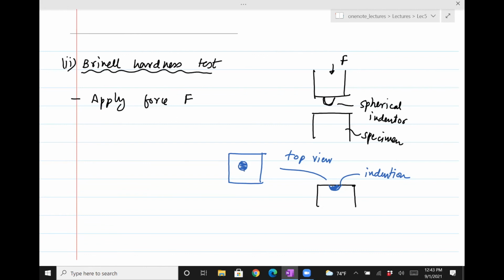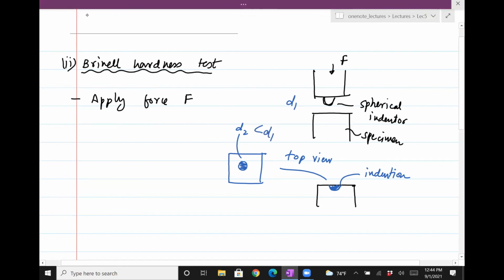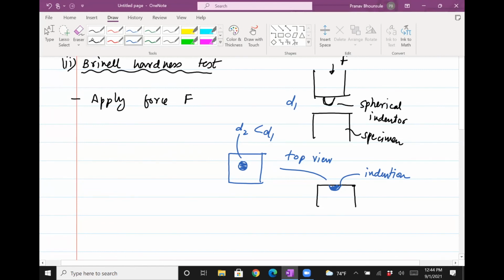Some materials will have a small force, some will have big force, and that really depends on the material you're testing, because if you have too big a force, then that indent is just going to go inside, and that doesn't make too much sense. So if this is D1, then this D2 is less than D1, and that's usually the outcome. If you don't see that's true, then you probably need to change the force.